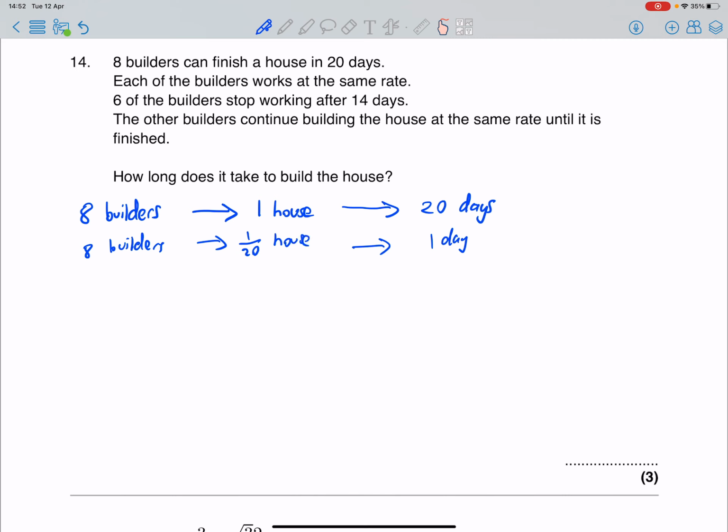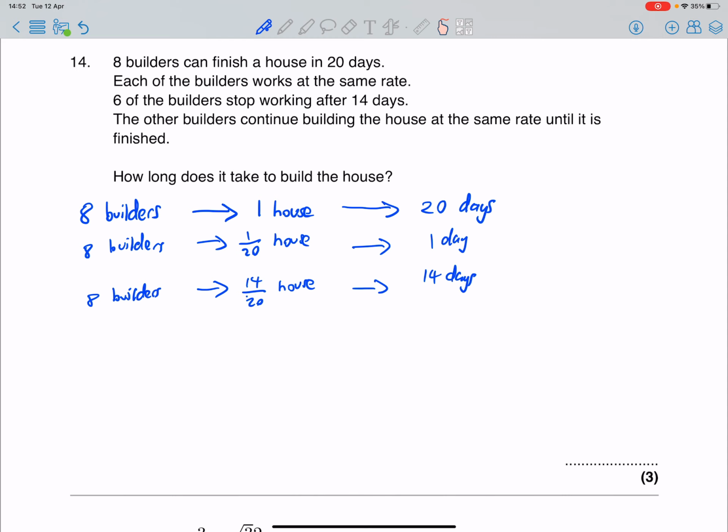That makes sense. Then, if we have 14 days, we times by 14, so that's 14/20ths of a house, and that's still the 8 builders.